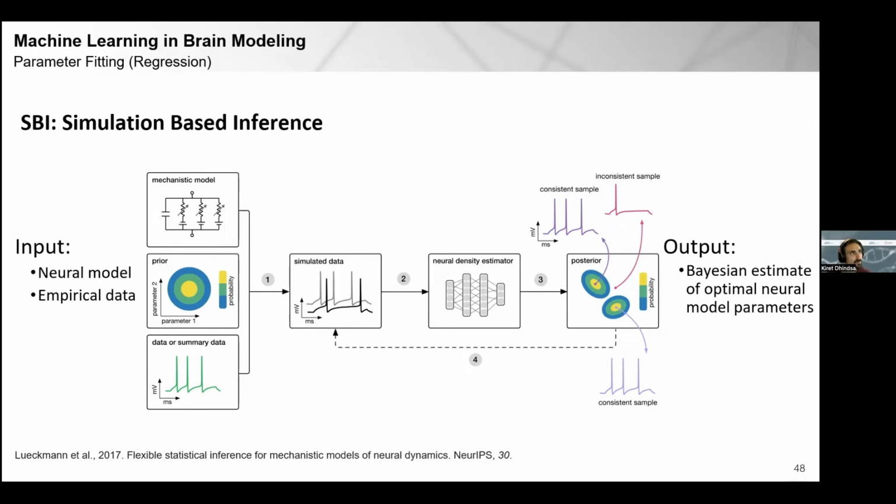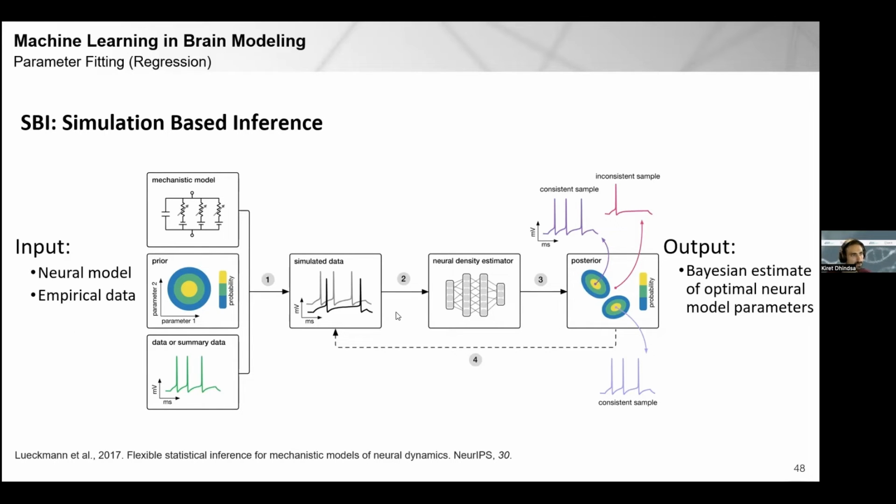And in particular, simulation-based inference, SBI, is interesting in the sense that it actually provides you with a posterior distribution over the parameter space that tells us about the likelihood of our optimal parameters being in a certain region of this grid. So it takes your neural model and empirical data as inputs.